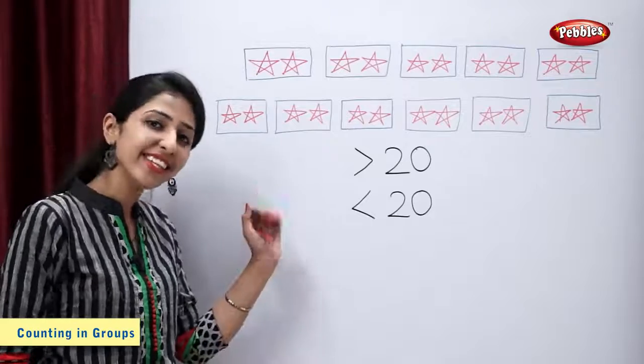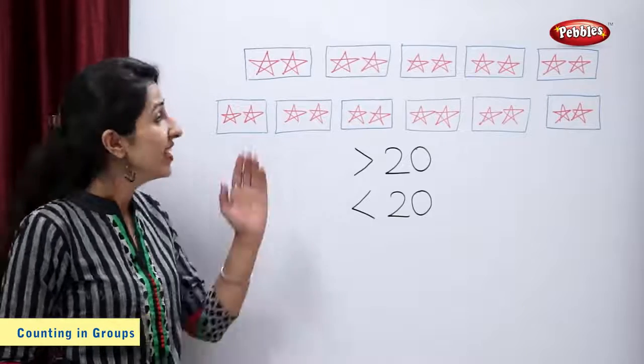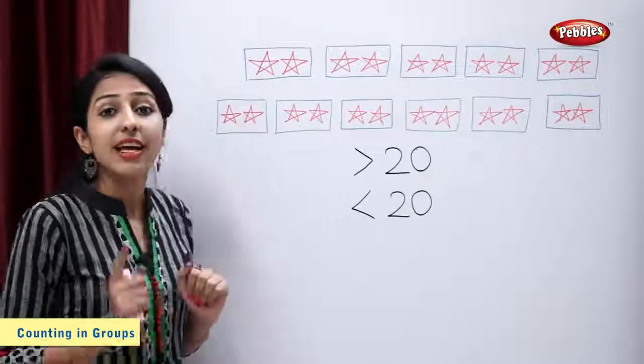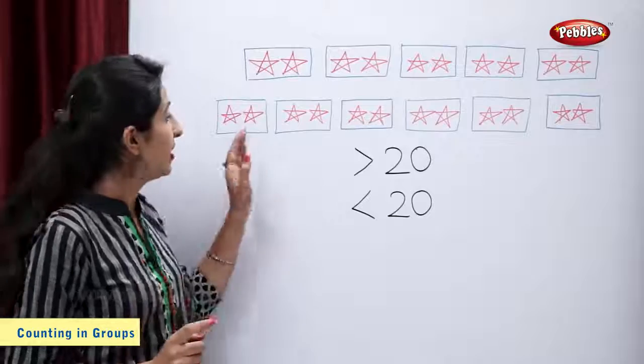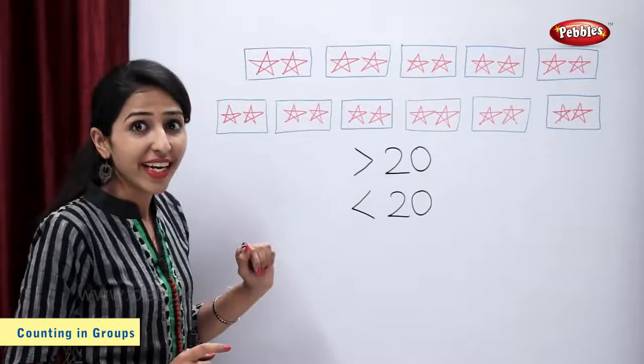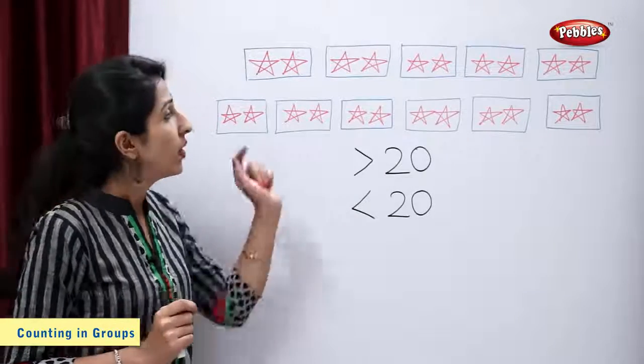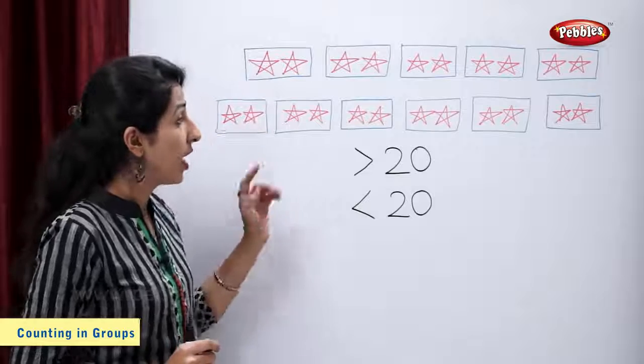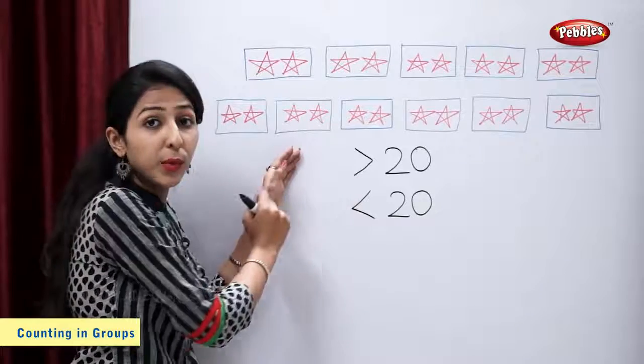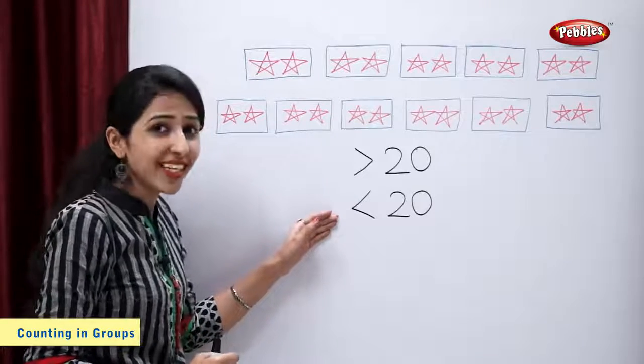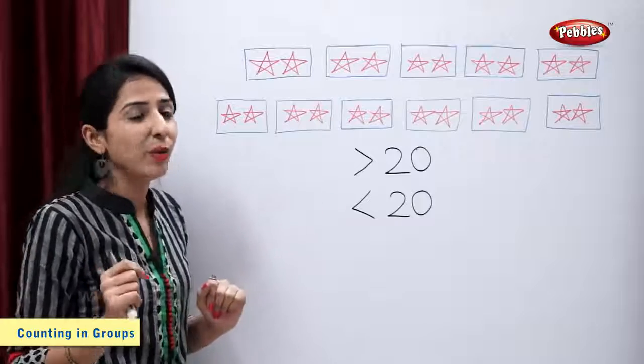Let's solve this example. There are stars on the board. These stars are arranged in pairs. Let's find out whether total number of stars are more than 20 or less than 20. Let's count.